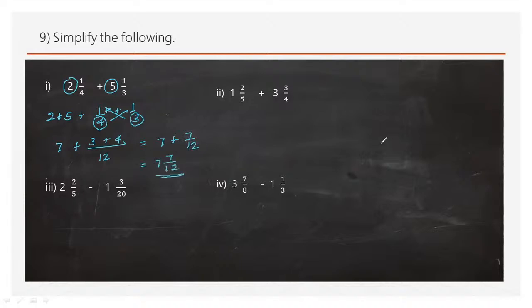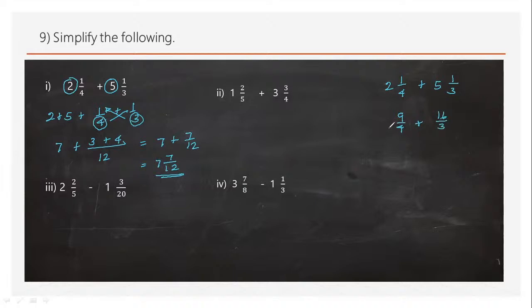Answer is 7 and 7 over 12. This is the answer. Then you can do it like this also. Some children, I know with experience, I have already worked with them a long time, so I know about you, used to do it like this. First they convert this to improper. 4 times 2, 8. 8 and 1, 9 over 4. Plus 3 times 5, 15 and 1, 16 over 3.